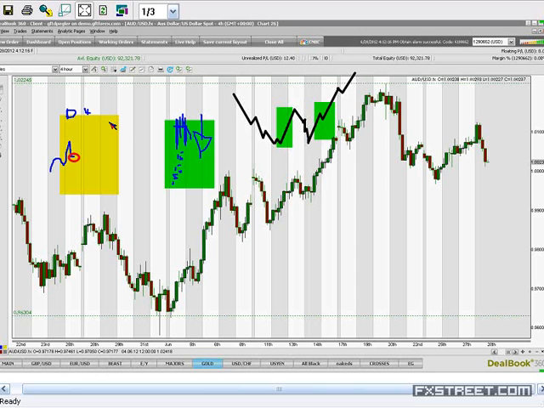And why are they good longs? Why are those high quality longs? Because they're kicking off the major trend, the daily support.